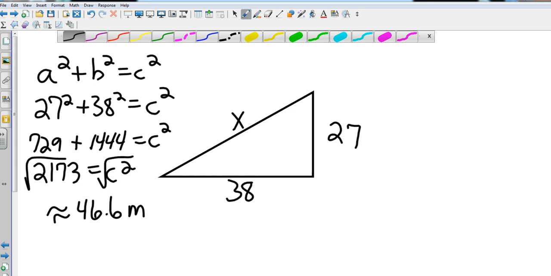Okay, so I kind of have to read the question there. That's 46.6 is what she swam, or what she walked. Actually, 46.6 is what she swam.